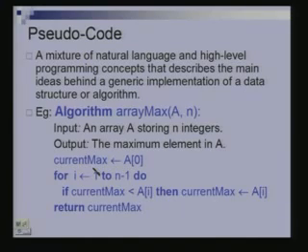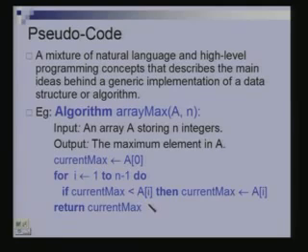It's keeping track of the maximum in a variable called current max, which is initialized to the first element of the array, and then it is going to run through the remaining elements of the array, compare them with the current maximum element that we have seen. If the current maximum element that we have is less than the current element, the element under consideration, then it would update current max.